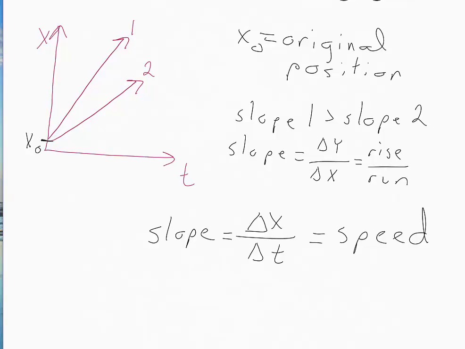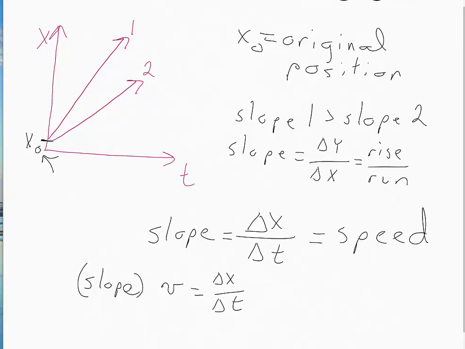The variable we use for speed is a v, so our speed is change in x over change in t, which again, keep in mind, this is our slope. So the slope of a position-time graph gives you the velocity or the speed. Well, in this particular case, our position has an initial value that is not 0.